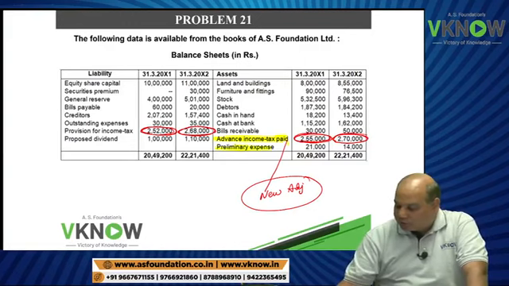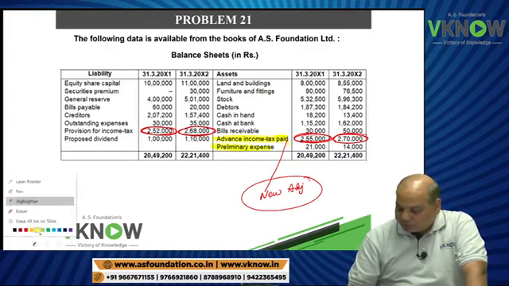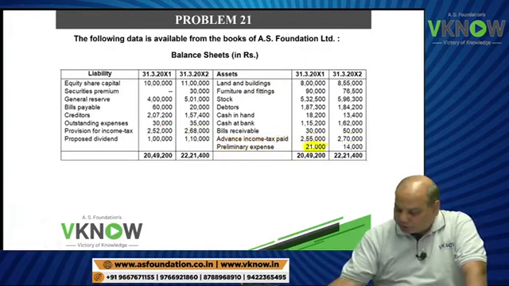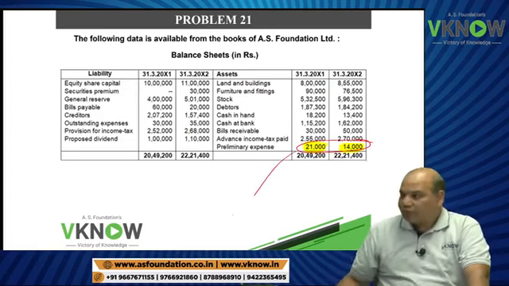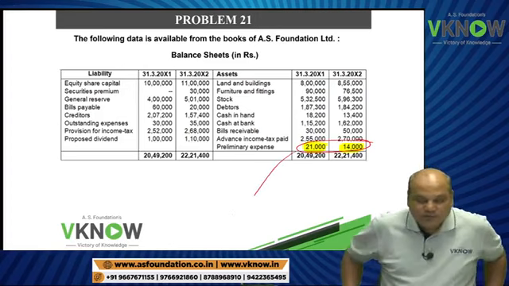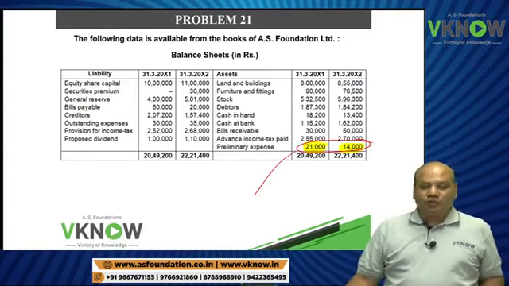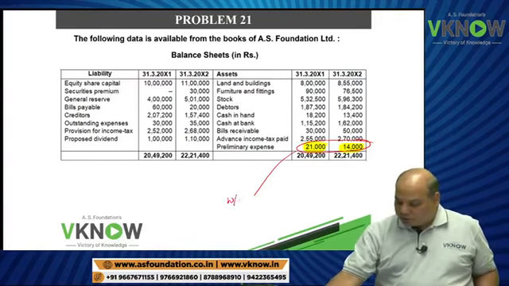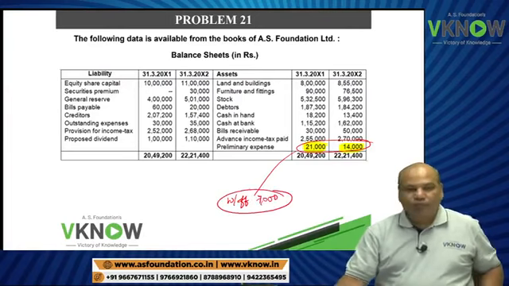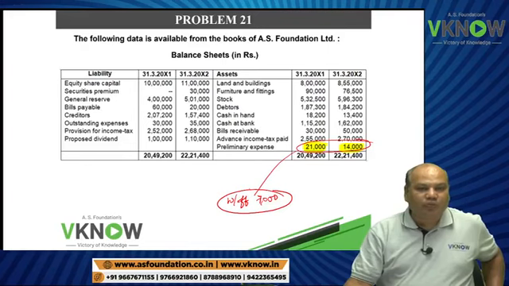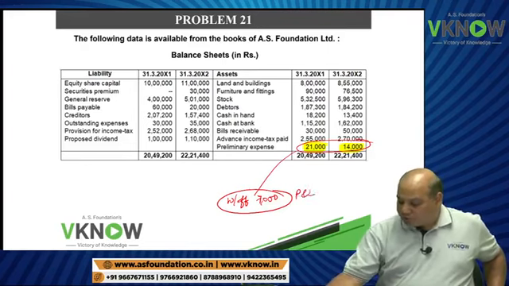And last item is preliminary expense. The preliminary expense was 21,000. Now it is 14,000. So what do you understand from this? What must have happened? 7,000 rupees must have been written off in P&L account.